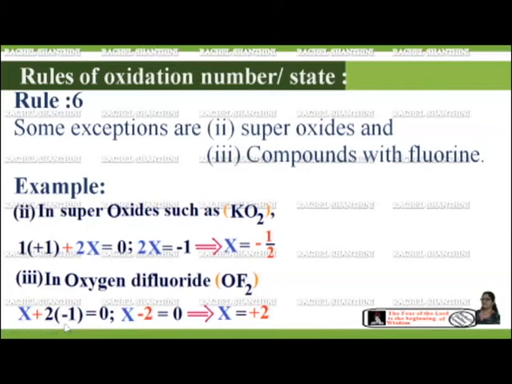X plus 2 into minus 1 equal to 0, because we know that the sum of the oxidation states of all the atoms in a molecule is 0. Here 2 into minus 1 is minus 2, so X minus 2 equal to 0, which gives the value of X as plus 2. So the oxidation number of oxygen is plus 2 in the case of oxygen difluoride.